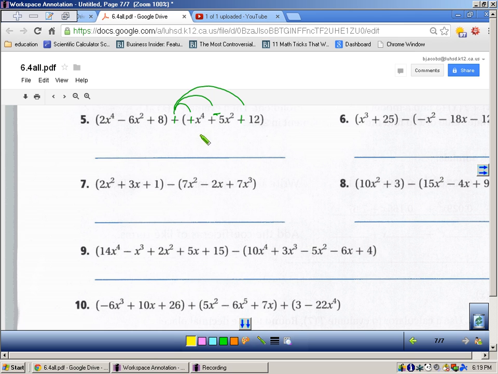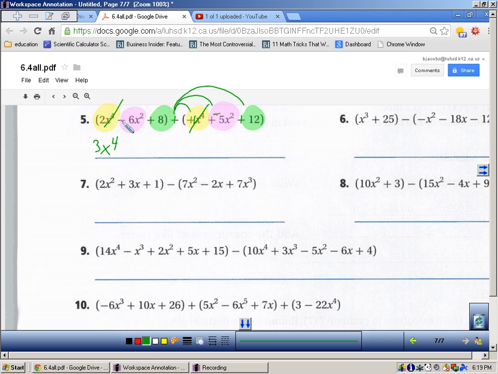So let's find the largest exponent and group it up with the other. Okay, now we have to do this kind of mentally. It's 2 plus, there's a coefficient of 1. So 2 plus 1 is 3, so it's 3x to the fourth power. Okay. Let's cross that off. We've got negative 6x squared plus negative 5x squared.